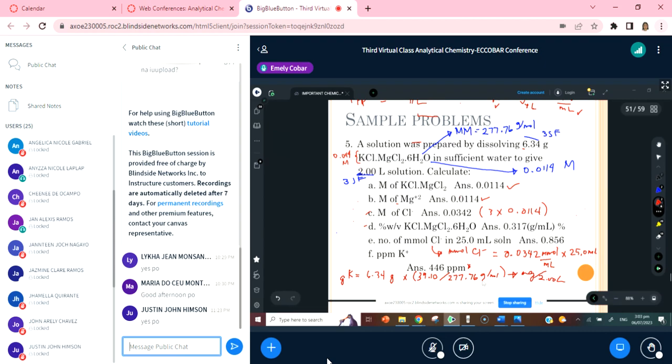Gagamitin lang natin yung molar mass. Molar mass ni potassium is 39.10. Ang molar mass ni KCl·MgCl2·6H2O is 277.76 gram.